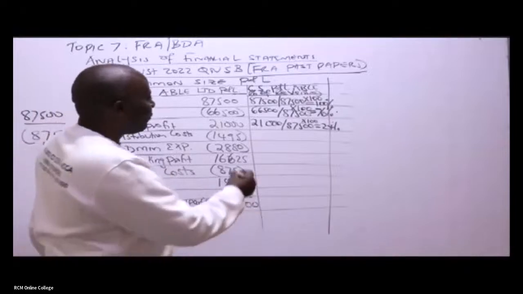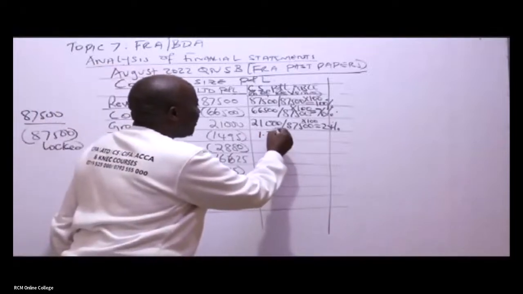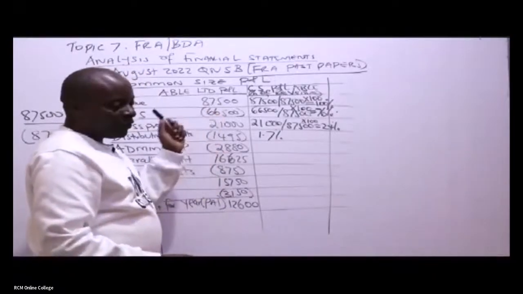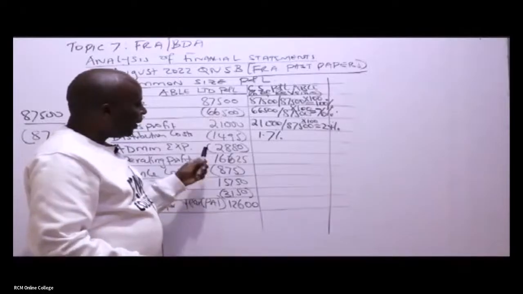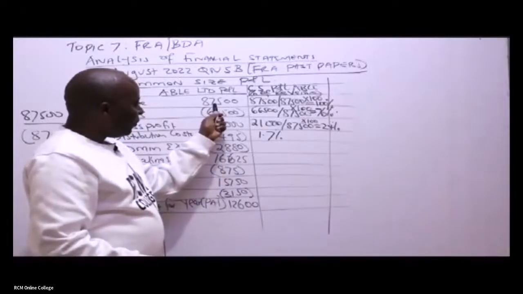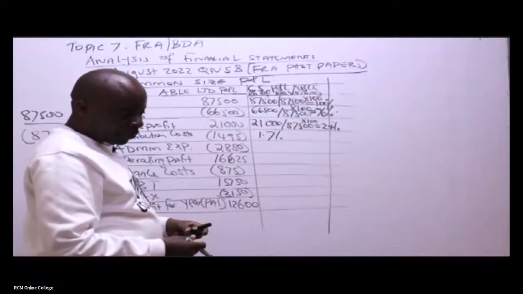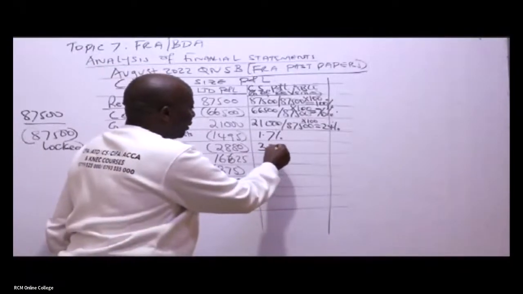So I'm being given 1.7%. Then this 2,880 divided by 87,500. What are we getting? 3.3%. Thank you very much.